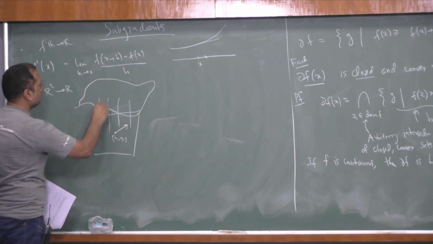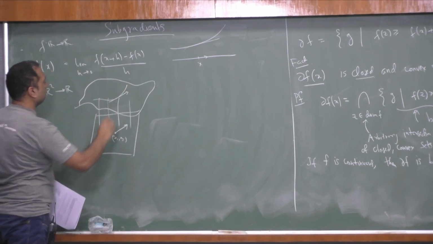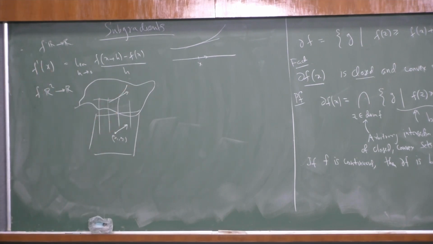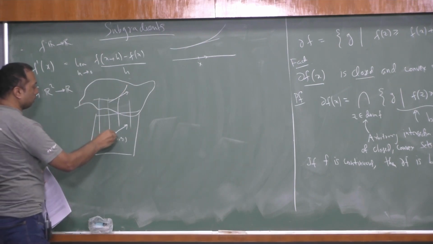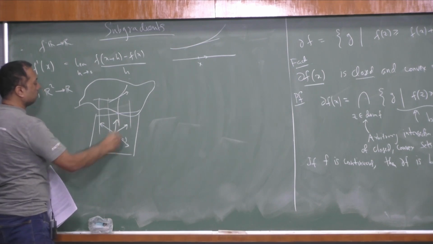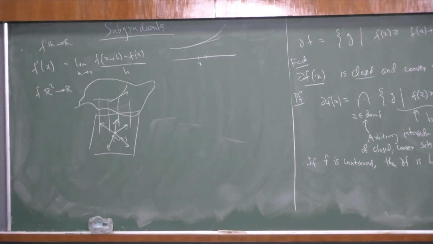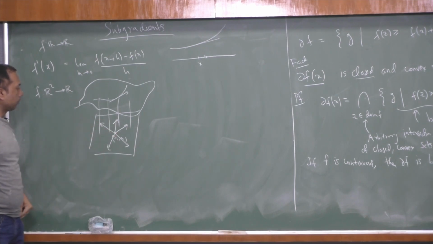Maybe it varies more along this direction. But I can also ask, what about this direction, and this direction? So essentially you have infinitely many possibilities to look for changes in the function values in multiple possible directions.